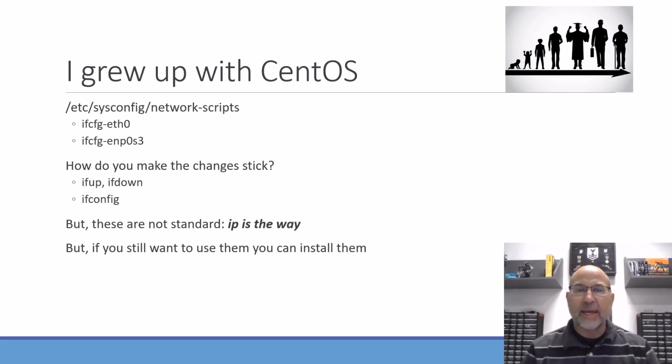But at any rate, back in the day when we were configuring CentOS and we wanted to do manual configuration, let me start by saying, whenever you're talking about nodes, most of the time you're going to be configuring things with DHCP.